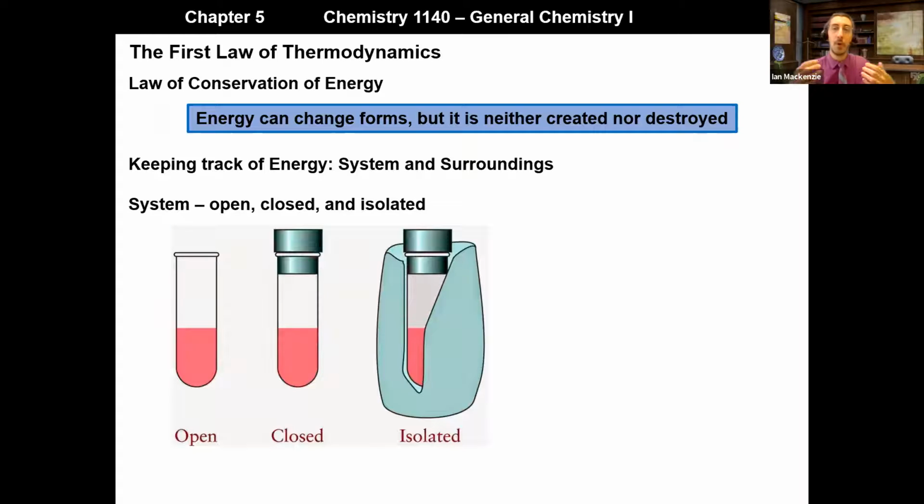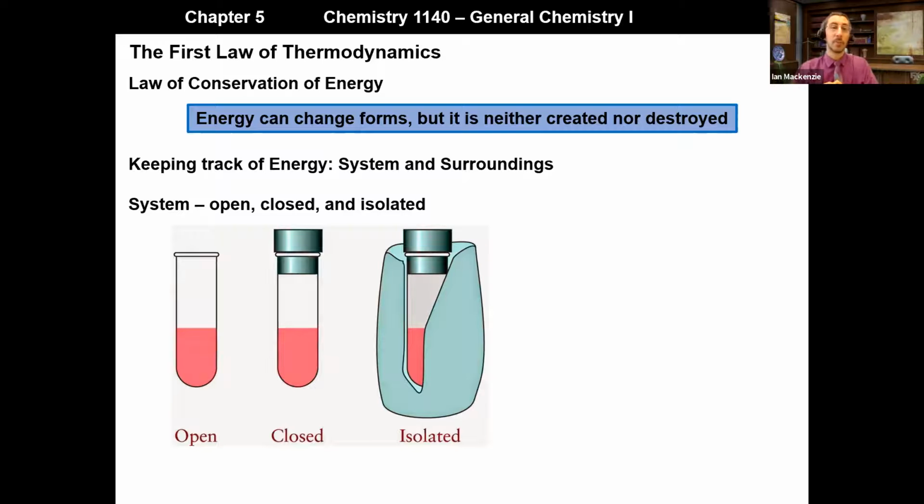So an open system is one, sort of like an open test tube, where both energy, in the form of heat or in the form of work if something moves, and mass are able to enter and leave the system. So here it's an open test tube: mass can come in, mass can leave, heat can come in or leave.